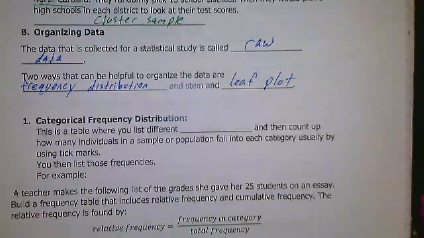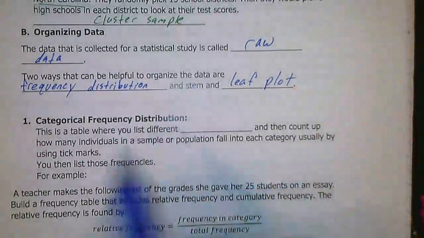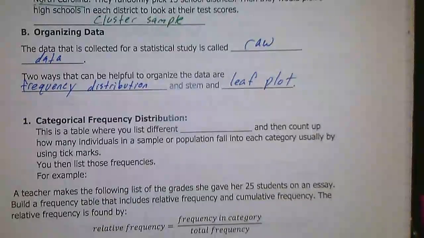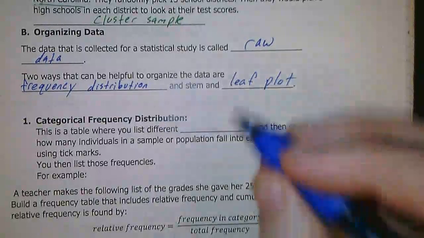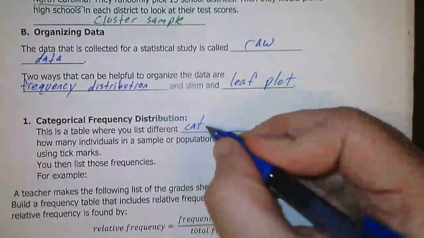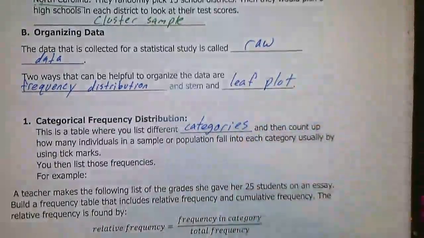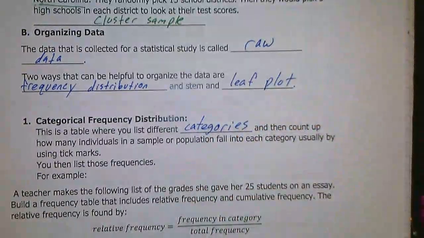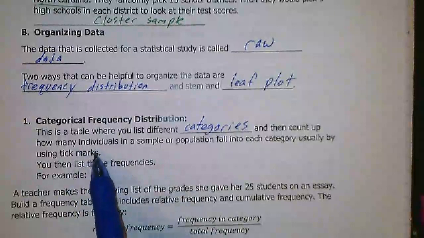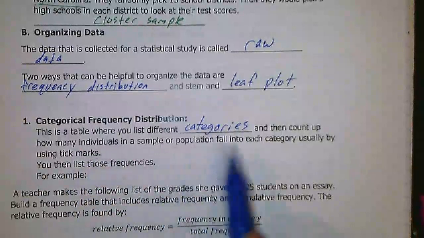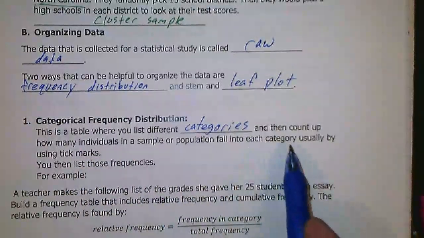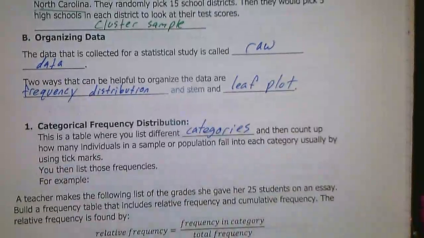So let's take a look. Categorical frequency distribution. This is a table where you list different categories. And then count up how many individuals in a sample or population fall into each category, usually by using tick marks.